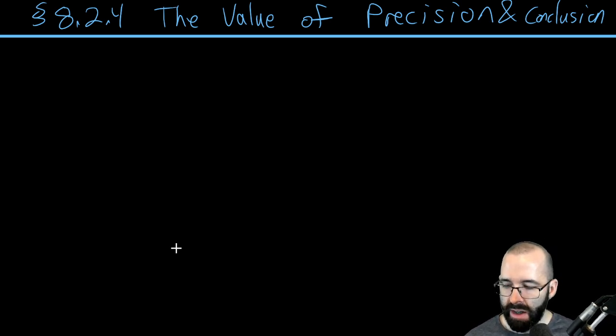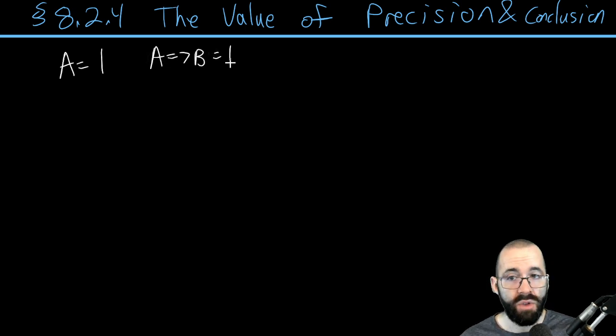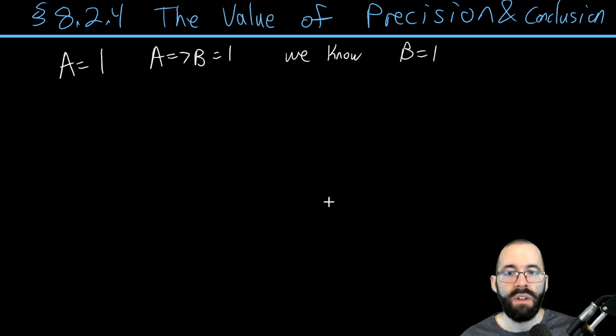Specifically, some of the stuff that predicate logic can be useful for is creating new truths from existing truths. Again, that's big in machine learning. So I'm thinking stuff like, if we know that A is true, and if we know that A implies B is also true, well, what can we conclude? That means that we know that B must be true.